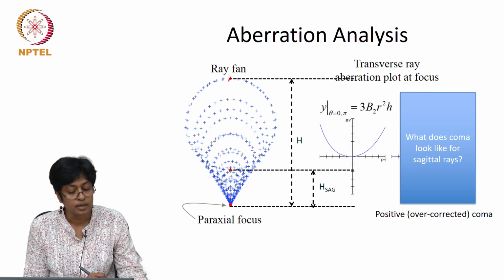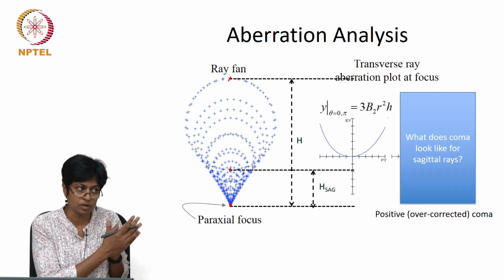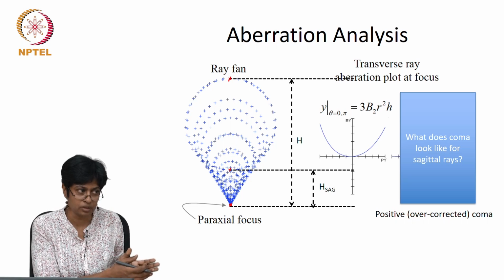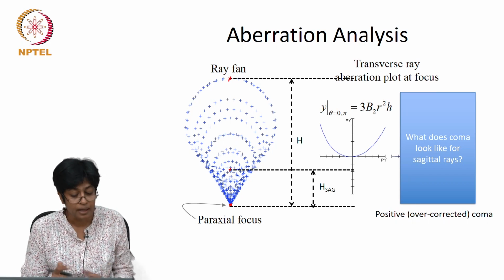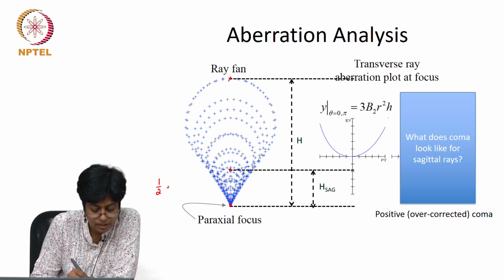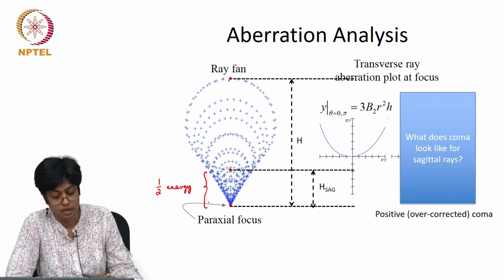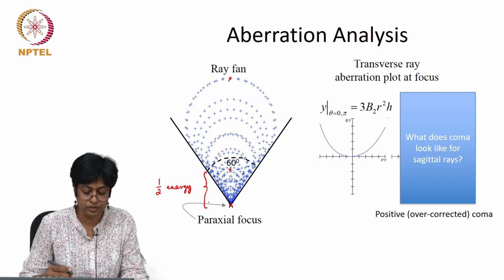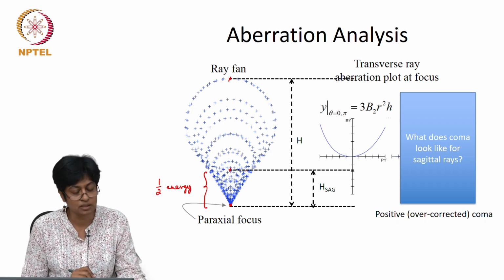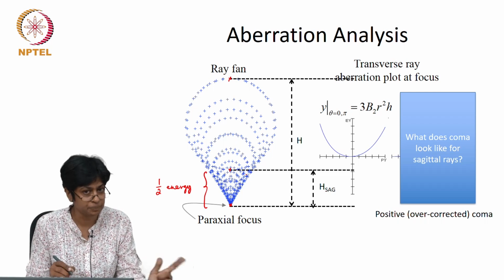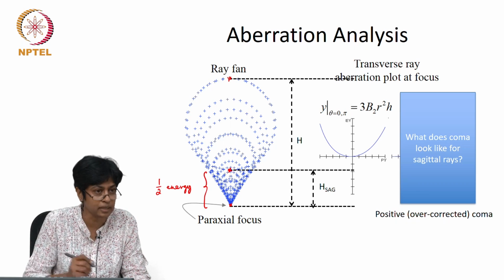And it turns out, these are the rays coming from one off-axis point on the object, but they're spreading out and forming this comet-like shape. Half of the energy is actually located in this region. As a point of interest, this angle is always going to be 60 degrees. In the previous figure, this is where the rays 3 would have come to focus. This is where the rays 1 came to focus.